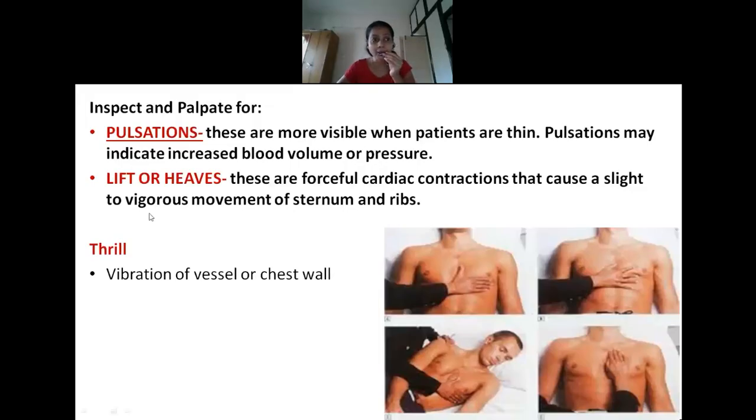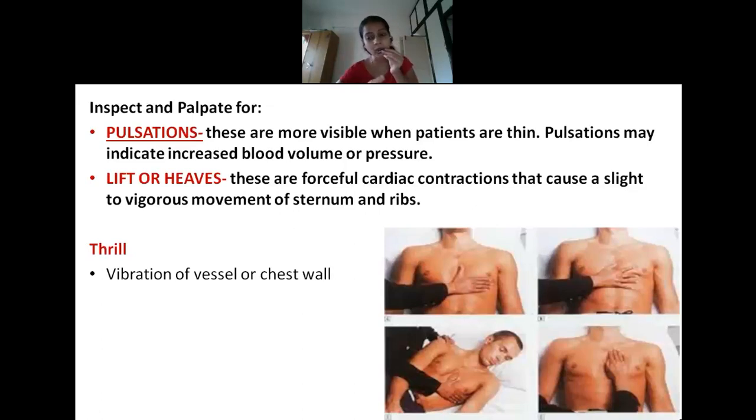The next term I am going to discuss here is lift or heave. Lifts or heaves are cardiac contractions with some vigorous movement in the rib or the sternum. Remember, lifts or heaves are not at all normal. They are abnormal.